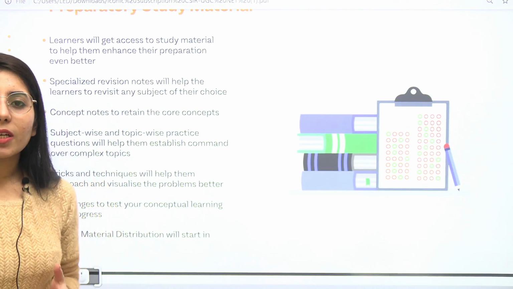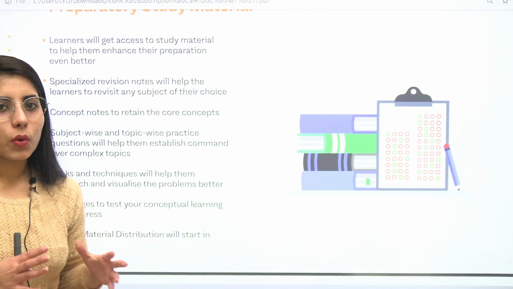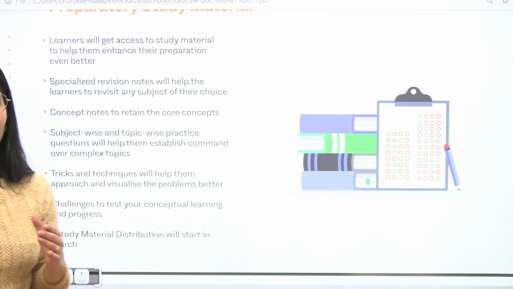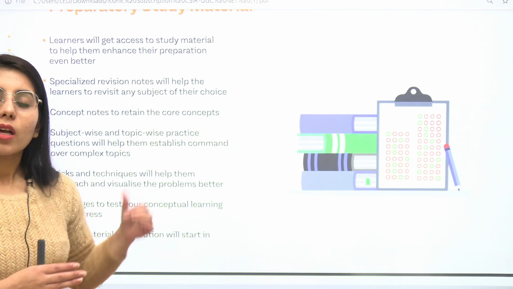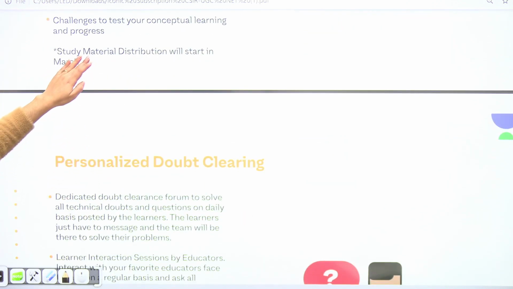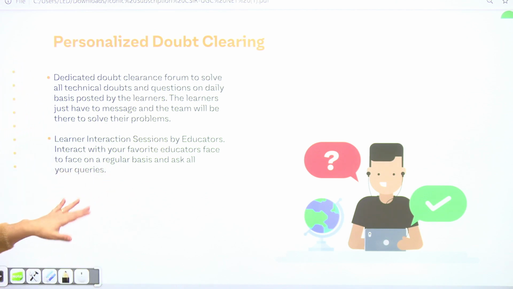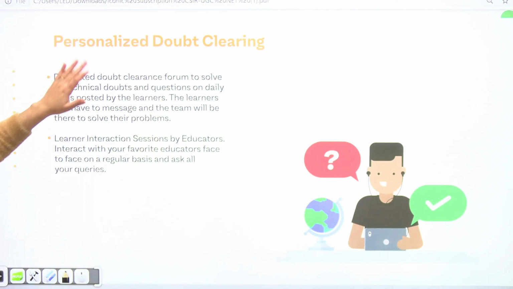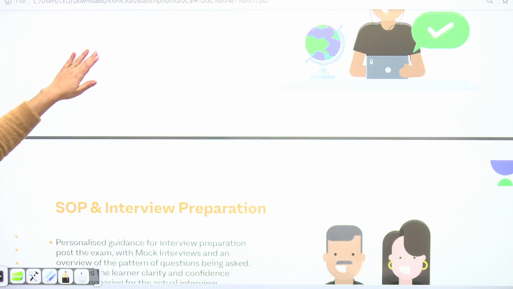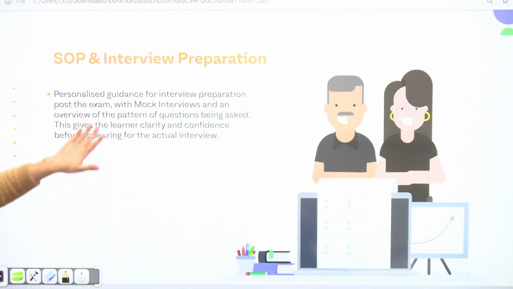This will be the study material which you will get, in which every required thing will be there, so that every topic, every concept gets covered with this study material. Even some things about that have been mentioned here. You will get a personalized doubt clearing session if you take the Iconic subscription, and then you will be able to do SOP and interview preparation. Something about that has been mentioned here.